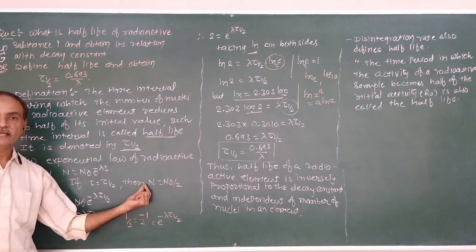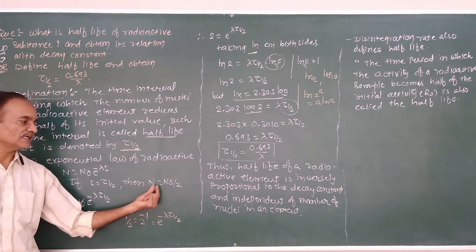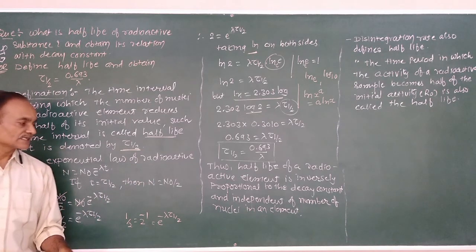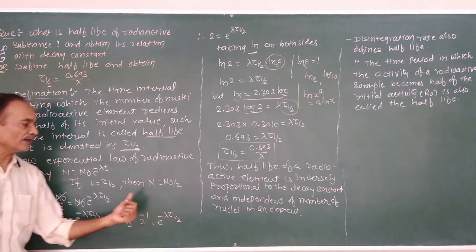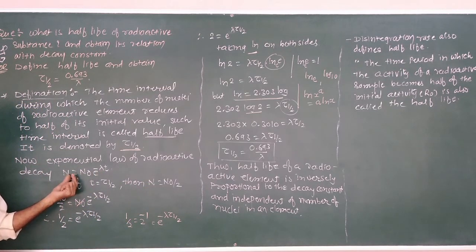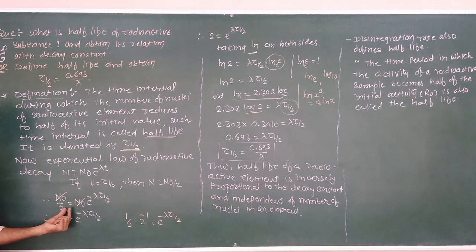Therefore, N, the number of undecayed nuclei, is N0/2. Substitute T as tau half and N equal to N0/2 in this equation. Therefore, N0/2 is equal to N0 e^(−λ tau half). N0 cancels. Therefore, 1/2 is equal to e^(−λ tau half).